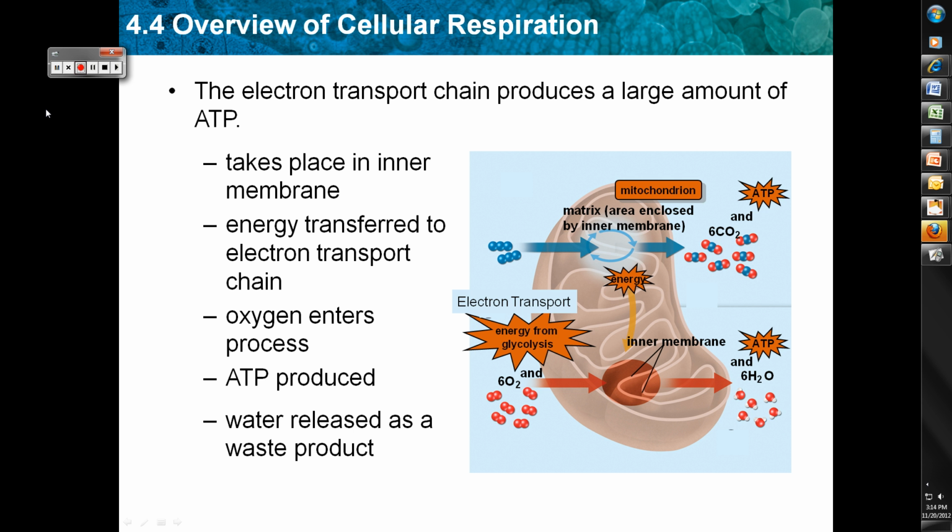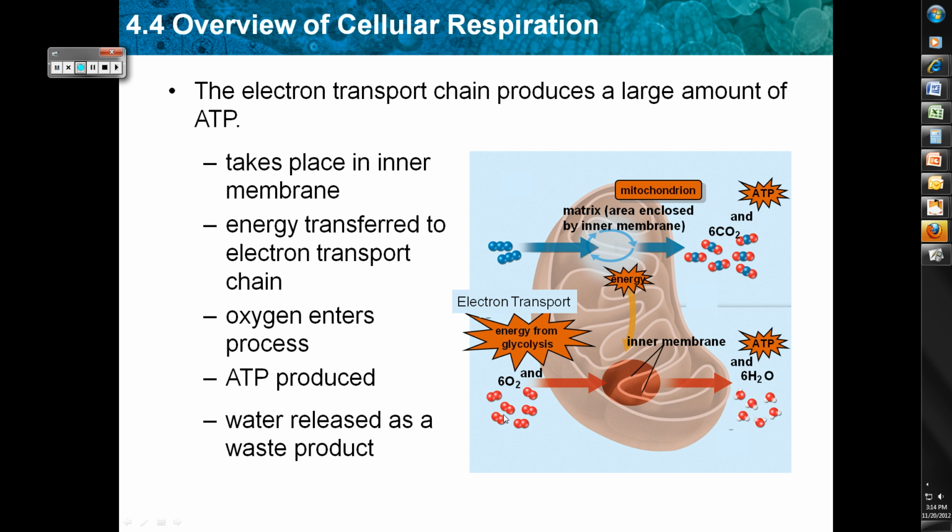And these high energy molecule carriers that come from the Krebs cycle now go to this series of proteins, which we do not show in this picture, that are studded in the inner membrane. And this is called the electron transport chain. The electron transport chain, therefore, happens on the inner membrane.